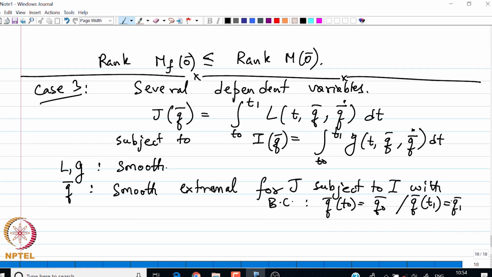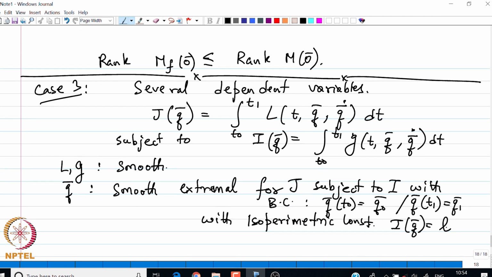So, we have a set of two boundary conditions, each of them a vector condition. Okay. And with my isoperimetric constraint of the form that I of q bar is equal to some constant L.